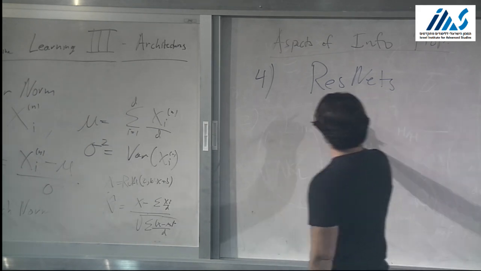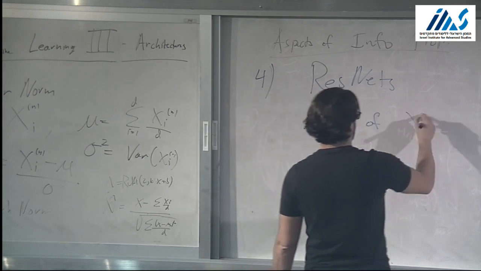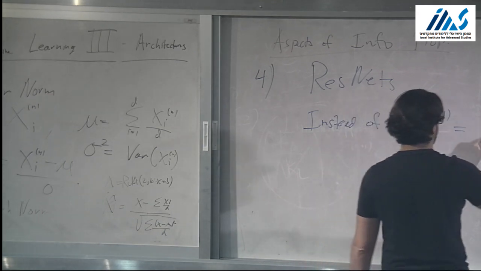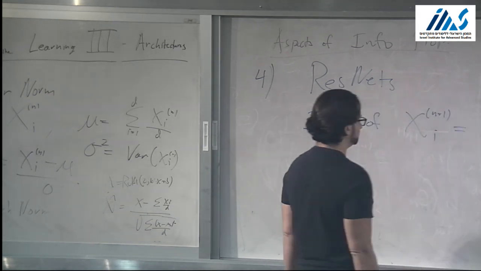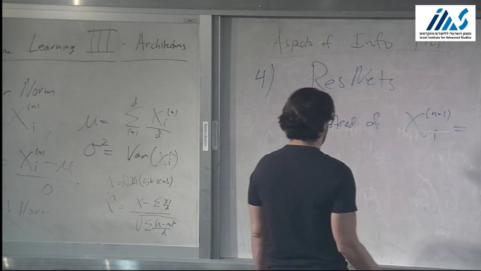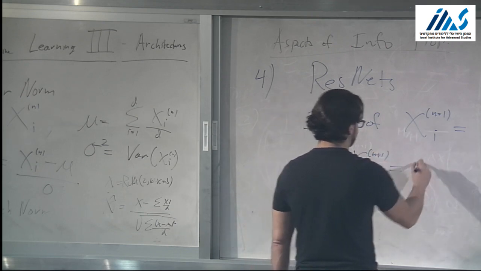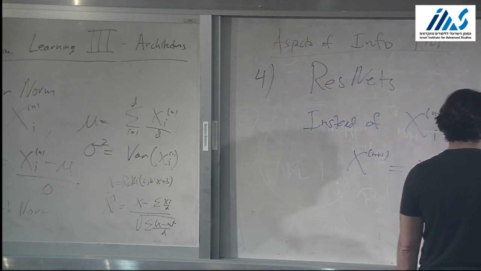So instead of x_{n+1} being some f_i of x_n, I'll just compute x_{n+1} as x_n plus f of x_n.